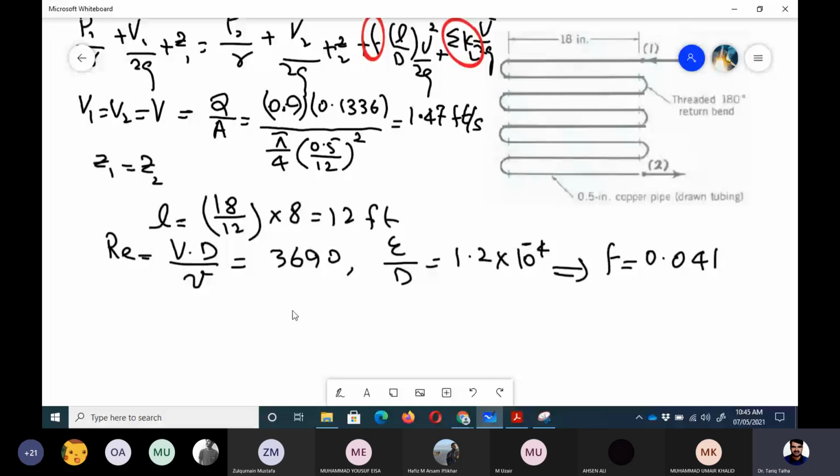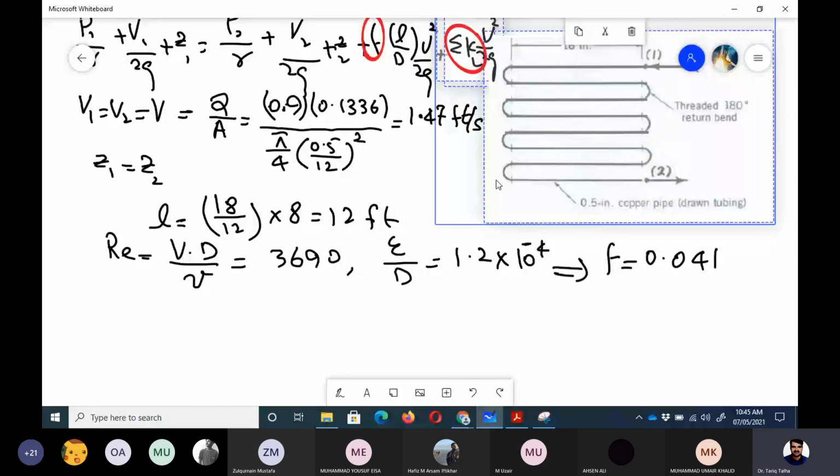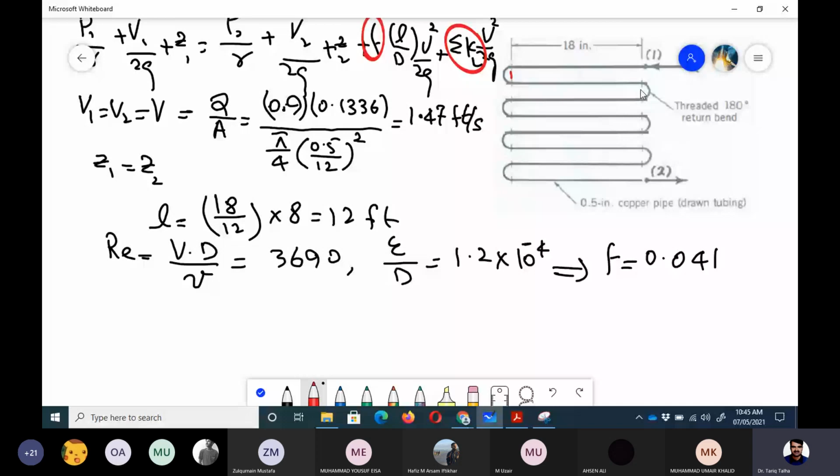value. So if we see that there are 180-degree turns, so how many turns are there? One, two, three, four, five, six, 7. Okay, 7 180-degree turns, and they are threaded, right? So threaded 180-degree turns.